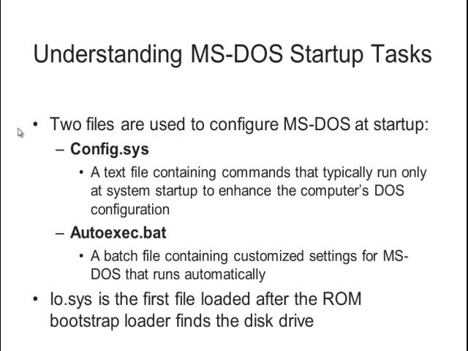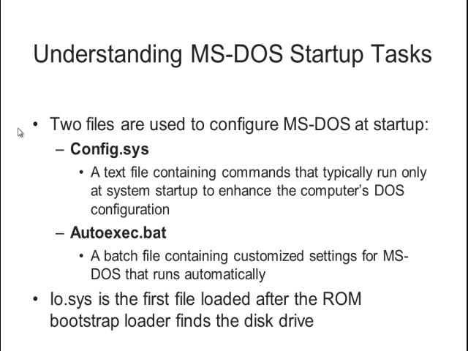MS-DOS startup tasks. The following two files are used to configure MS-DOS at startup: config.sys and autoexec.bat. io.sys is the first file loaded after the ROM bootstrap loader finds the disk drive.